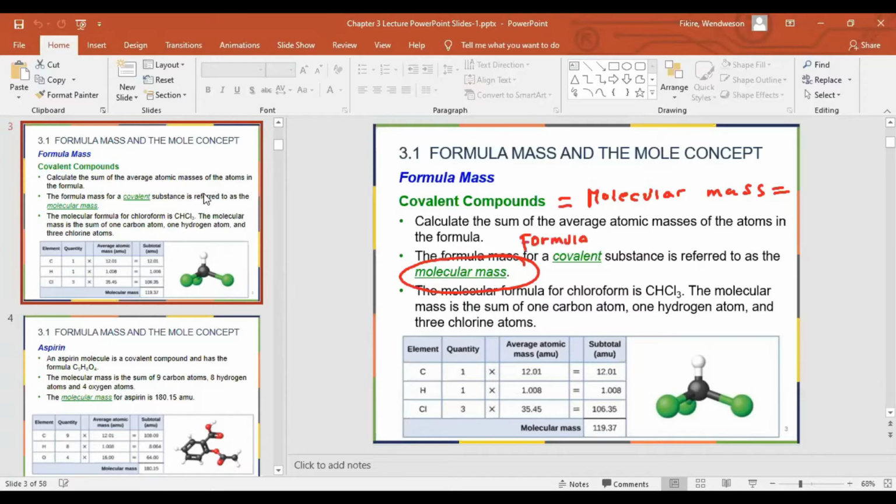Formula mass corresponds with the weights of ionic compounds. This is just terminology. The concept is the same. When you are calculating the weights of a covalent compound, the term you use is molecular mass. When you are calculating the weights of an ionic compound, the term you use is formula mass.